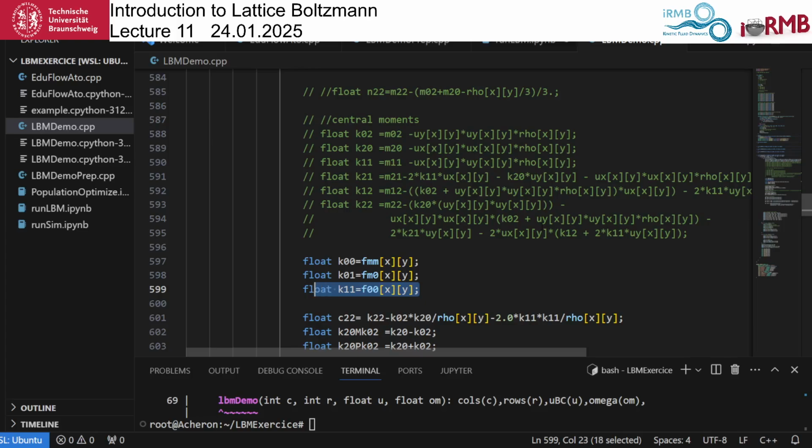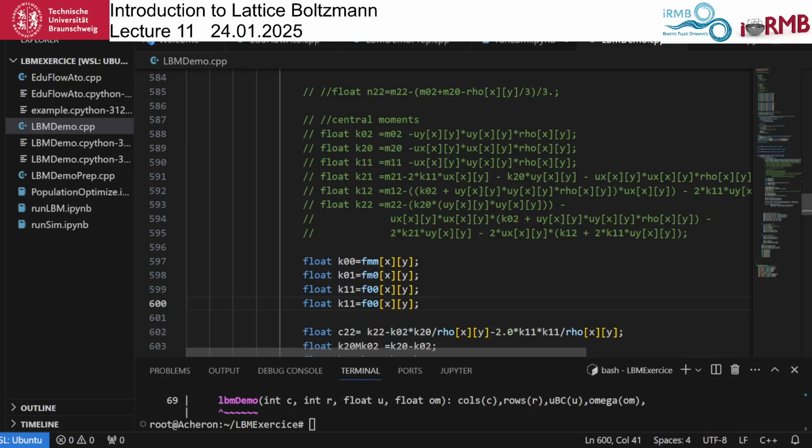I don't know. This is not the correct Gray code, I believe, but it helps me making fewer mistakes. So if we go to 2, this will be P, right? Yes. Okay.